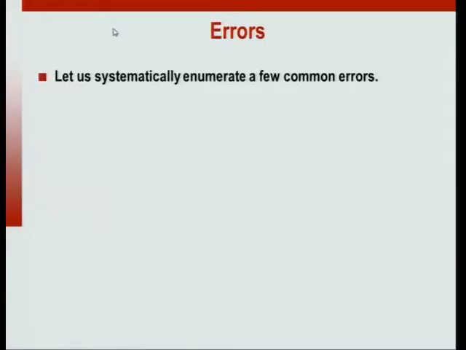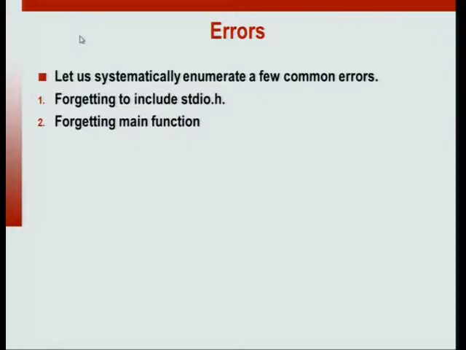What typical errors do we have when we code in C? Let's systematically enumerate a few common errors that could happen in even a simple program like what we have seen. For example, you could forget to include stdio.h. If you don't include the standard input library, then the compiler will give you an error message. You may forget to include the main function, then also you will get some error message.